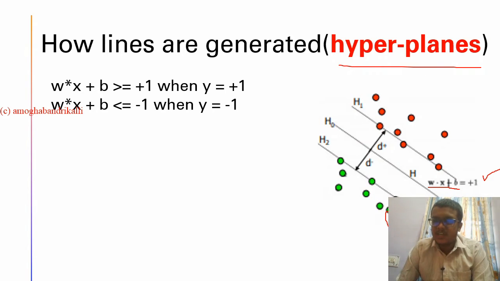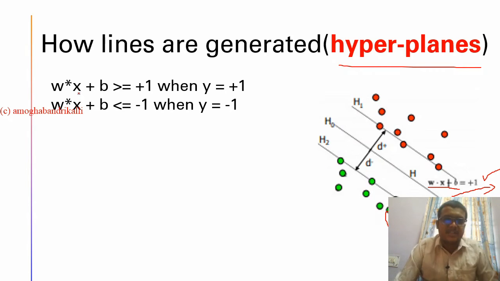Plus 1 indicates class 1, minus 1 indicates class 2. We take the median of these two classes and draw this hyperplane with the equation w into x plus b is equal to 0. By changing the various inputs with the same weights, we enhance or draw these hyperplanes.